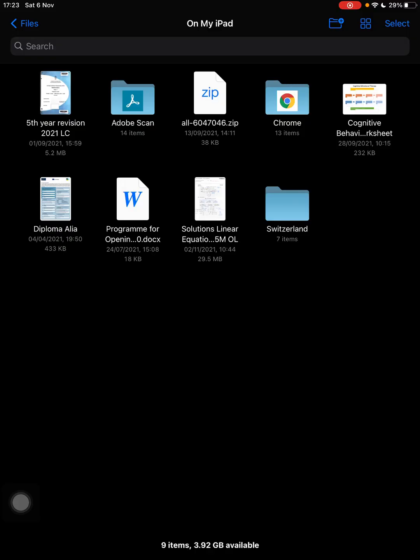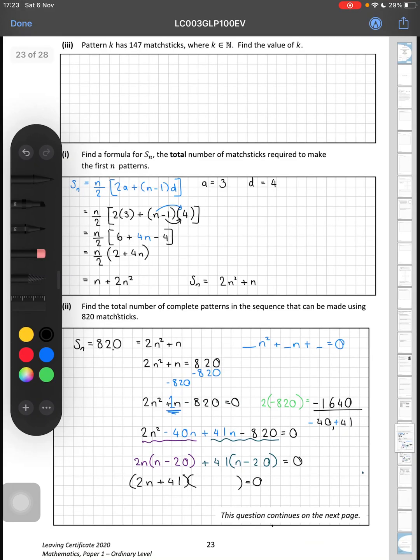Now I know I'm on the right track because my 2 brackets here and here are the same. So what I'm going to do is open up brackets. I'll put what was in front of my brackets in one bracket, so 2n plus 41, and then I'll put the common bracket in the other, so n minus 20. So I'm either going to have 2n plus 41 is equal to 0, or n minus 20 is equal to 0.